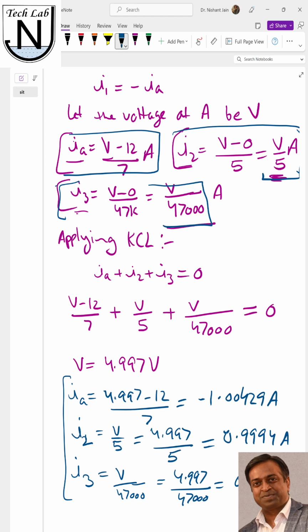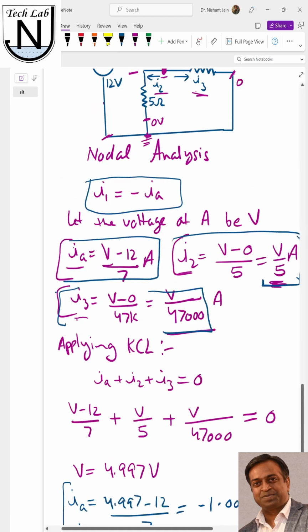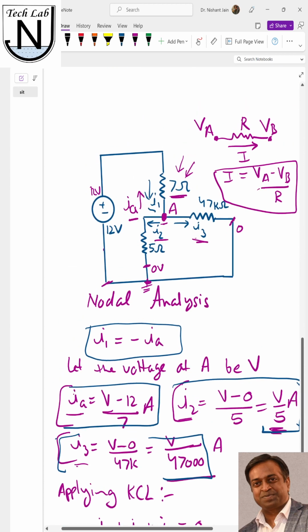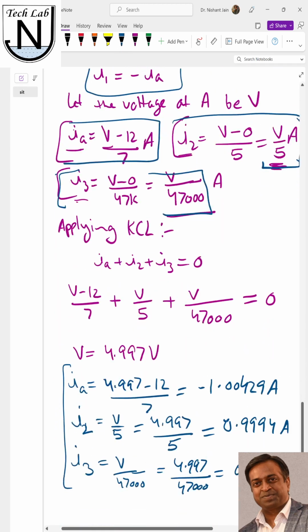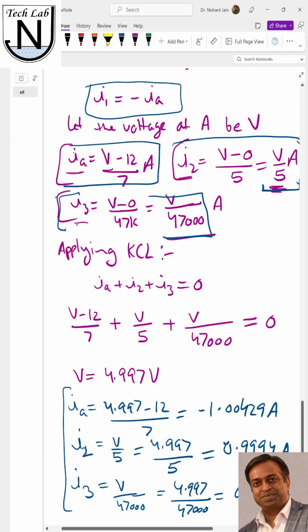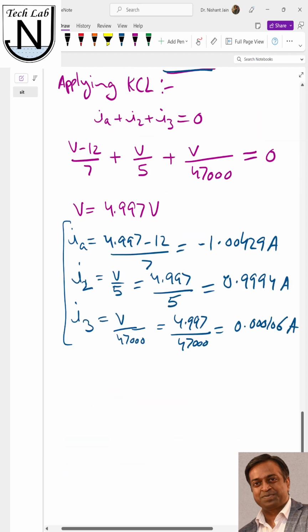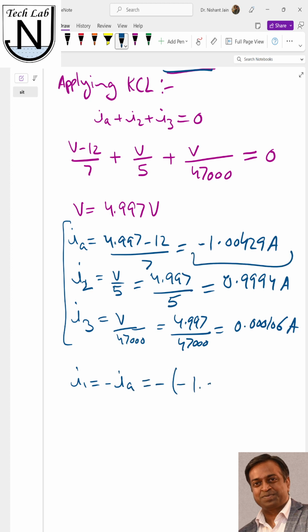We also know that I1 equals minus IA, because in the question it is given I1, so I should calculate I1. I1 is the negative of IA, so minus minus will cancel out and we get 1.00429 ampere.